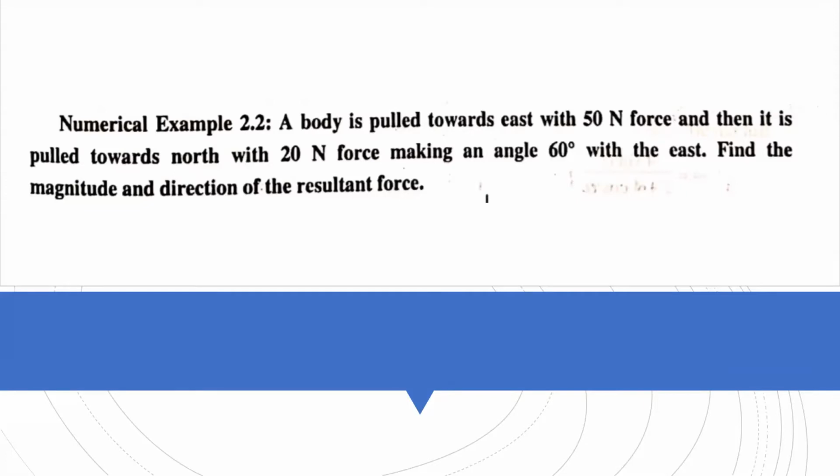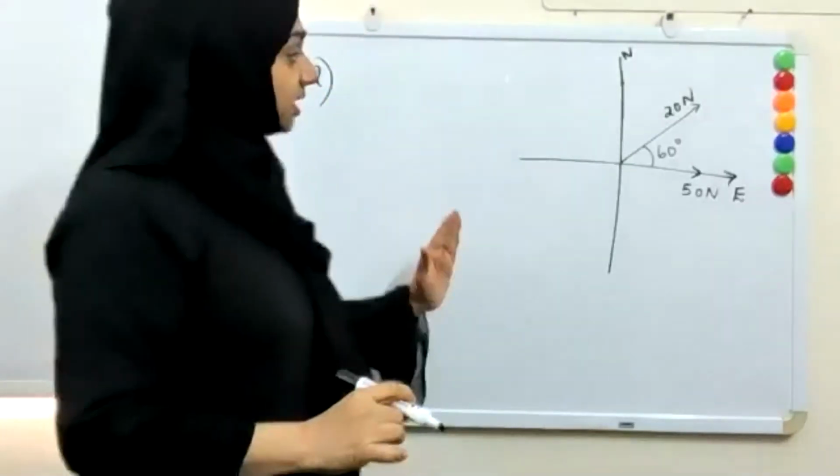So it's not exactly towards north, it's making an angle 60 degree towards the north and the force is 20 Newton. Find the magnitude and direction of the resultant force. That's the question. So I'm stopping the share.